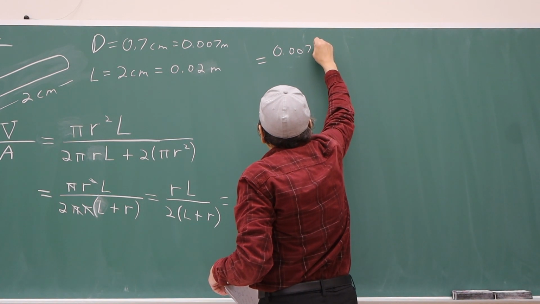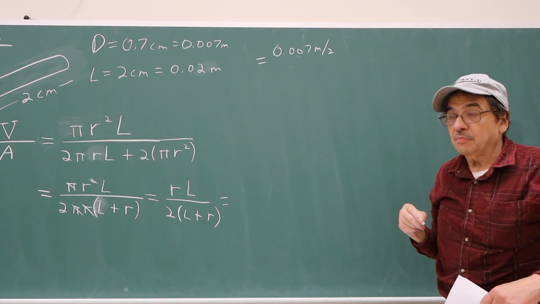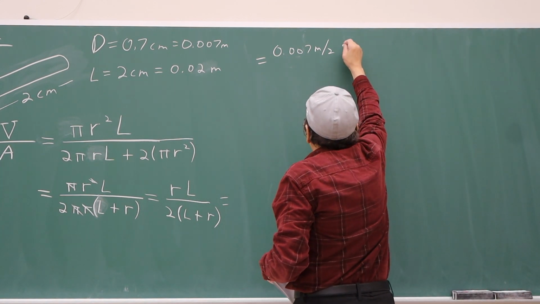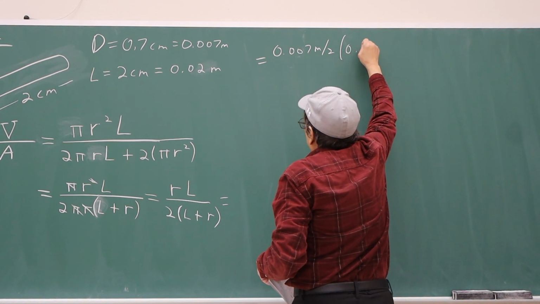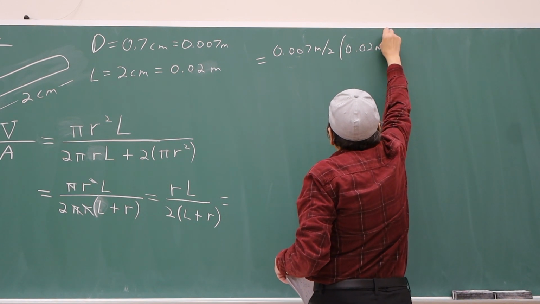0.007 meters divided by 2. And the length is going to be our 0.02 meters, like this.